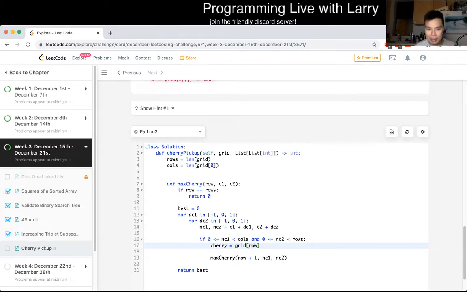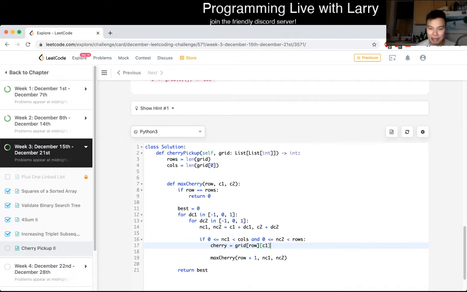So here you could do a scoring function in either way. One of them is when you enter the cell, sometimes when you leave the cell. You just have to make sure that your base case and everything corresponds. So there are different ways to write it. This is not necessarily the best per se, but that's the way that I wrote it with my base case. So now as we leave the cell, I'm going to take the cherries with me.